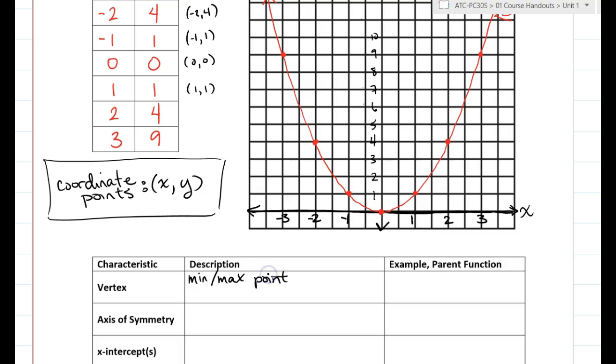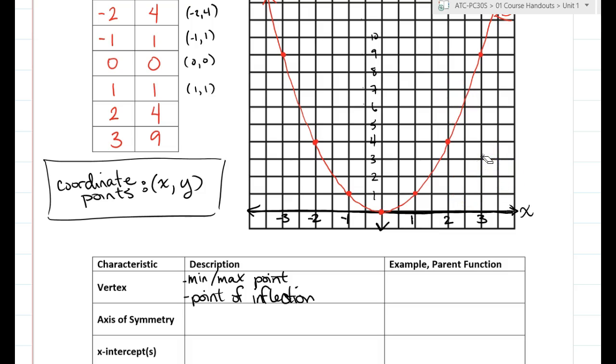Once you get into grade 12 and calculus, you may also hear it called the point of inflection. Point of inflection just means it goes from going down to going up, or from going up to going down if it were to look like that instead.